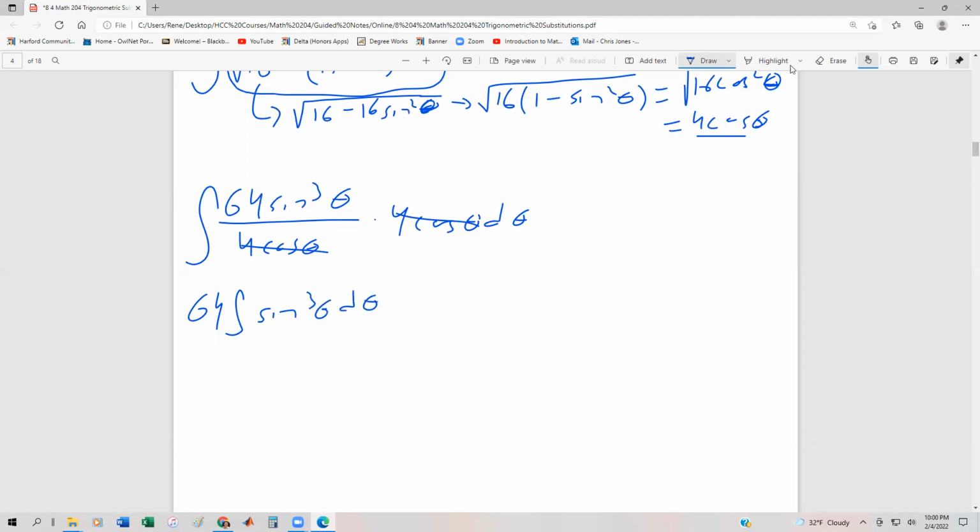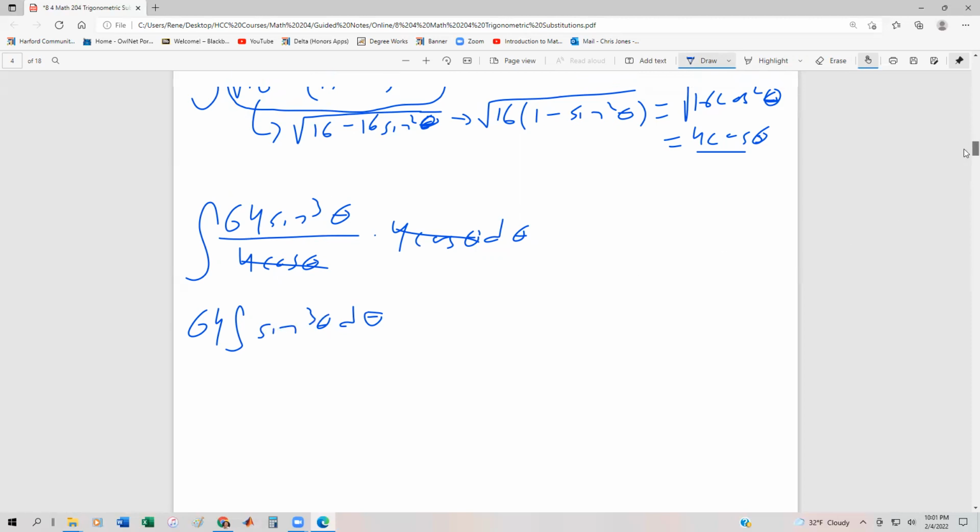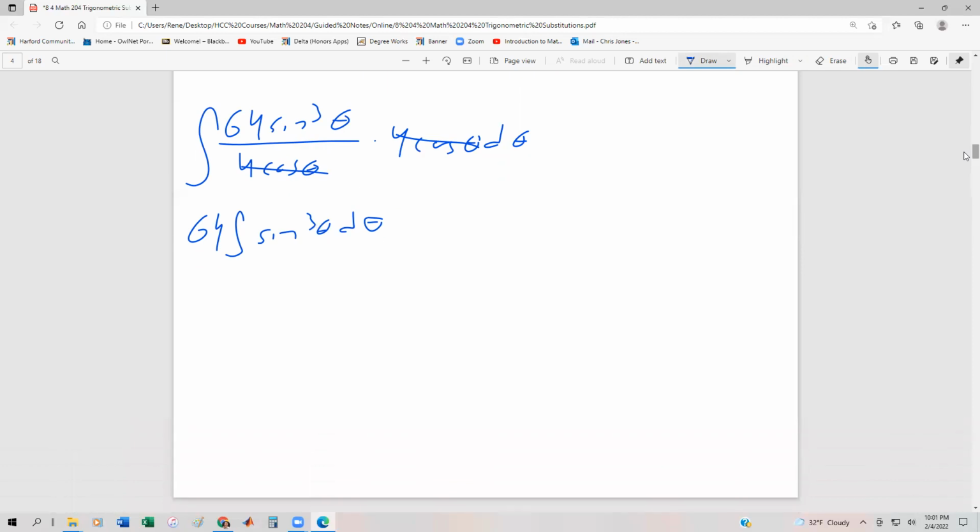Now we get a problem that we looked at in the previous section where we had to evaluate these trigonometric integrals. You might remember with your trigonometric integrals, if you have an odd power, you don't want to use the power reducing formula. You want to split off a factor, in this case of sine, and that's what we're going to do.